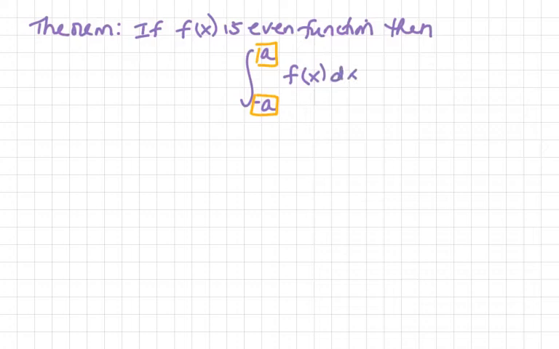If that is in place and this function is even, then the integral is the equivalent of, that should have been an a, not a 2, 2 times the integral from 0 to a of f of x dx. And it's much easier calculations with the lower limit of integration equal to 0, right? Things get messy when you have negative numbers.